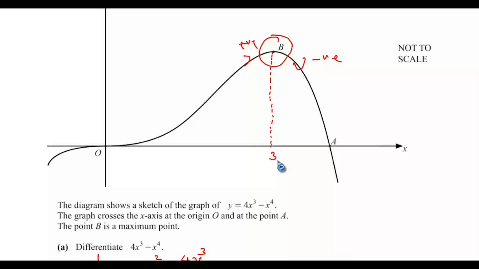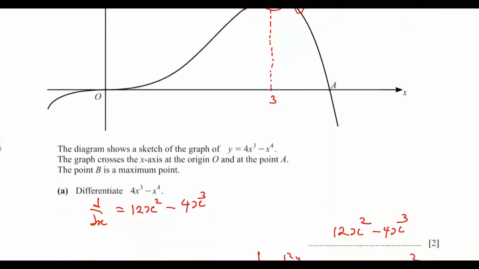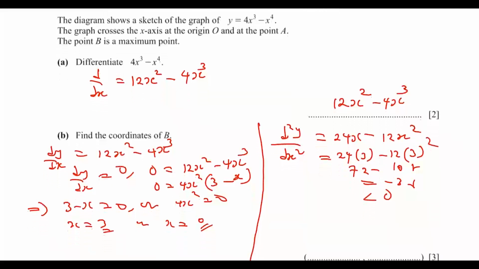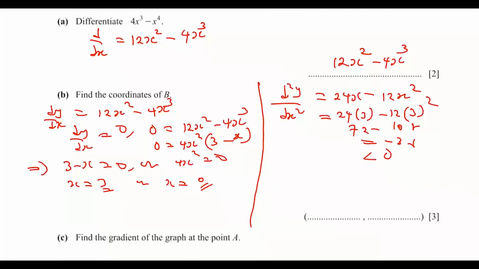Okay, so we need to get the value of y when x equals 3. That is super easy, so let's plug in the value. The function is y equals 4x cubed minus x to the power of 4.